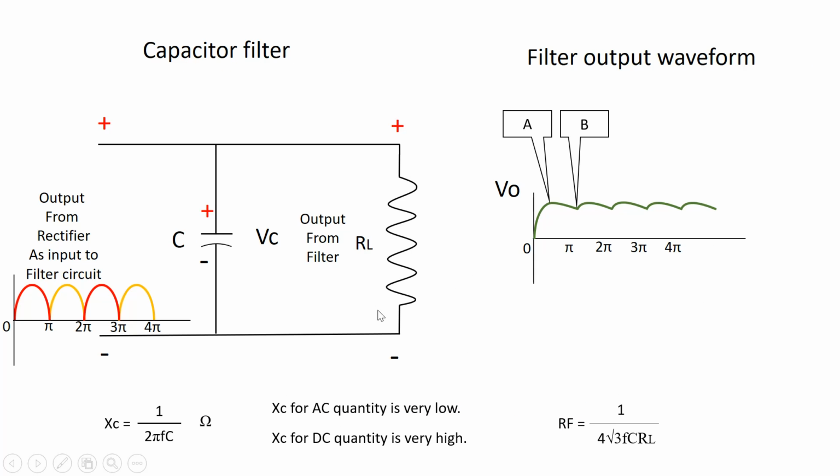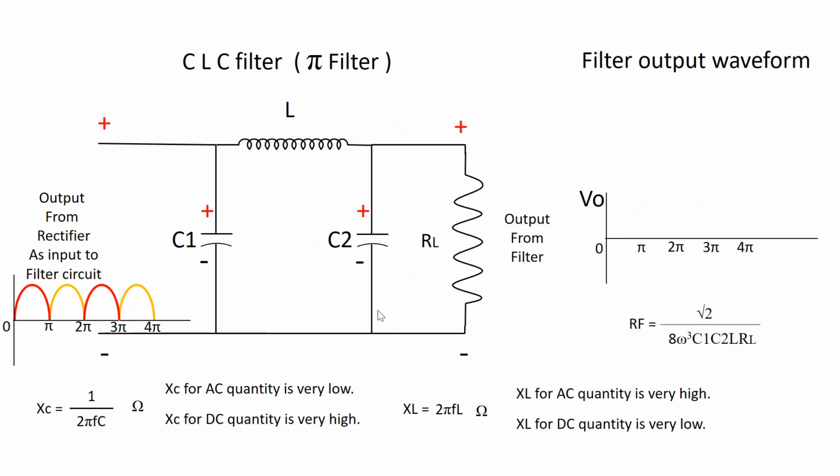This shunt capacitor filter is very much suitable for the higher load resistance circuits, wherein it consumes very less load currents. The next circuit of the filter that we discuss is the CLC filter.